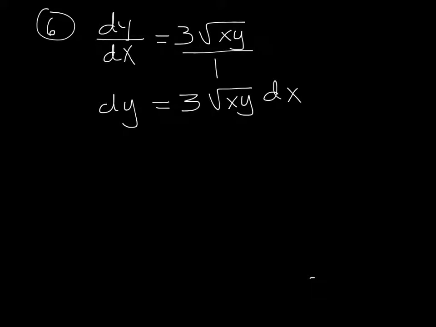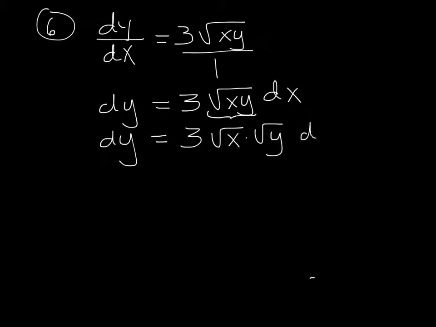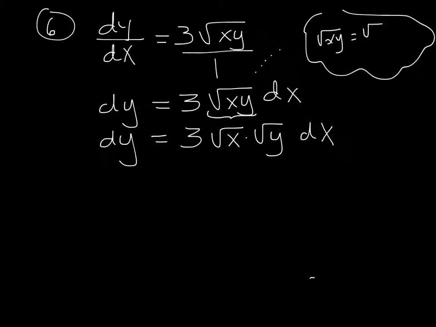So dy equals 3 times, we can rewrite this as the square root of x times the square root of y dx. From algebra, we remember that the square root of xy is the square root of x times the square root of y, so we can break up the radicals.